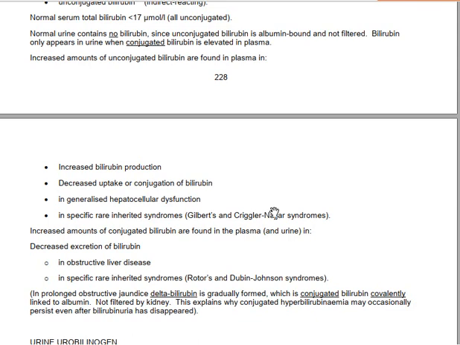The type 1 is also involved with inability to reuptake the unconjugated bilirubin in the hepatic cells plus inability to conjugate, and the type 2 is also associated with inability of the hepatic cell to excrete the bile into the biliary canal.